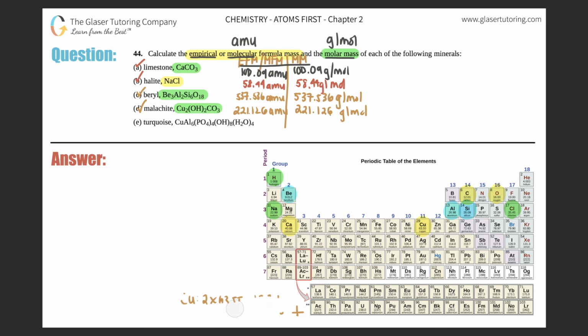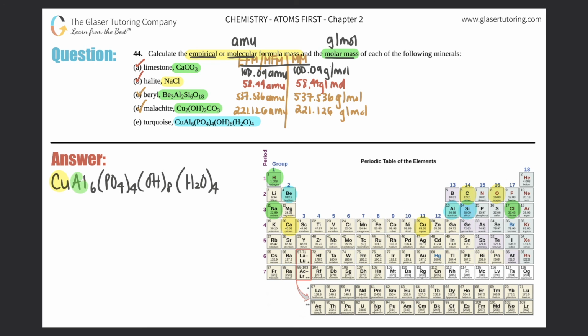Okay, so turquoise is this whole thing, so I'm going to write that out. CuAl6(PO4)4(OH)8·4H2O. How many different elements do we have? We have copper here.